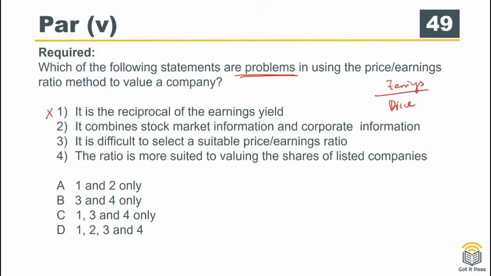The second one, it combines stock market information and corporate information. Does the PE ratio contain any market or corporate information? It is not true. Because the PE ratio is divided into the industry PE ratio or a specific company PE ratio.